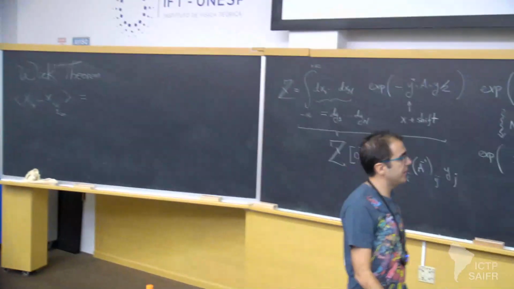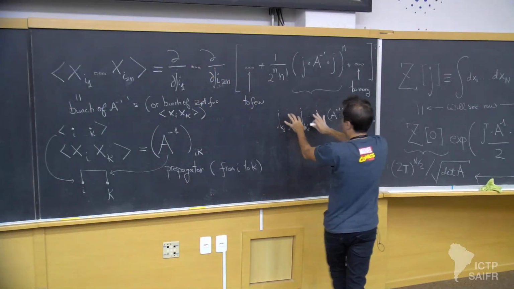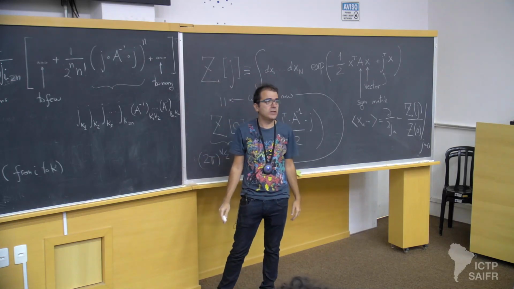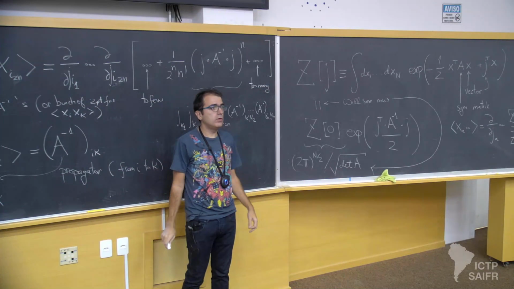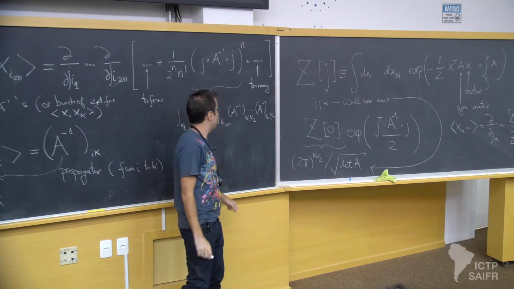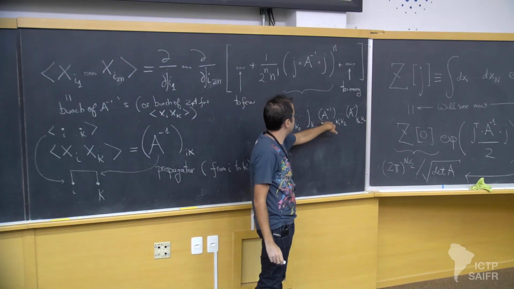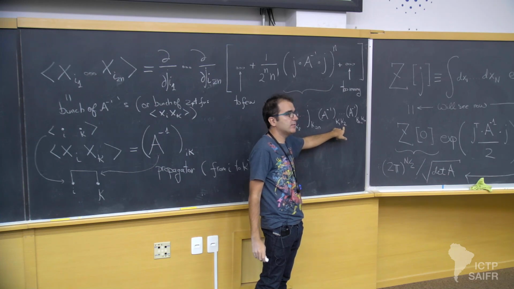So let's look here. What is happening? I take this derivative and I act and I remove all these j's. So let's say indices i1 and i2. What happens to indices i1 and i2? Where are they? Well, it depends. If they act on these first two, this A minus 1 will have indices i1 and i2 after they act.